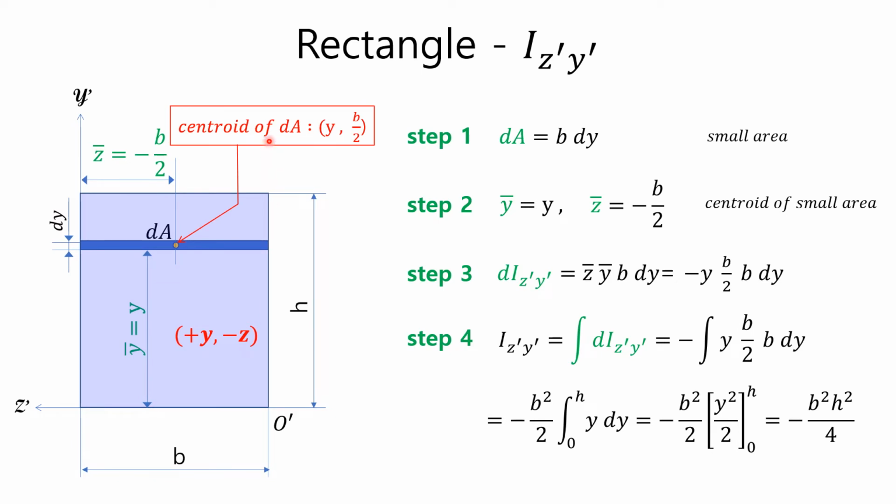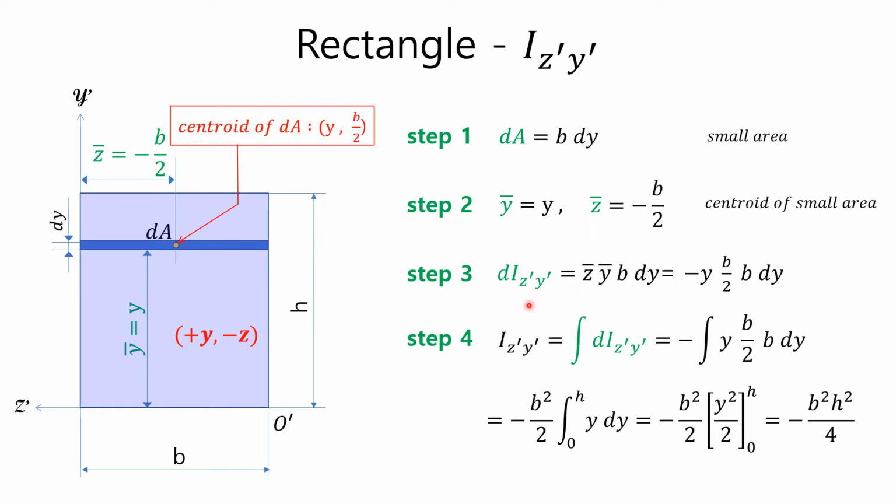What happens if the y prime axis moves to the left, like in this picture? As the first step, dA is b dy. In the second step, we locate the centroid of a small area dA. Their coordinates are y and minus b/2 respectively. The z bar coordinate is different from the previous one.